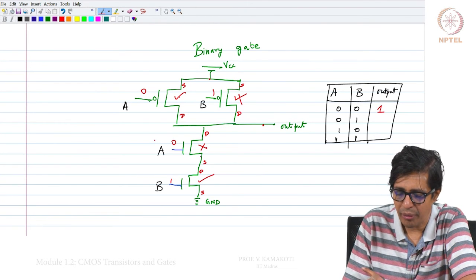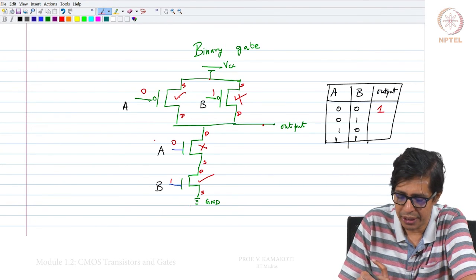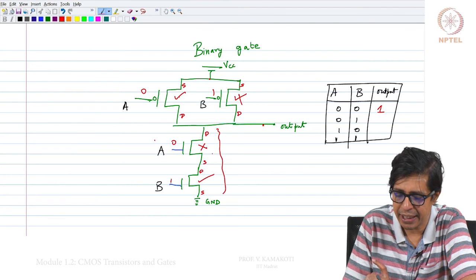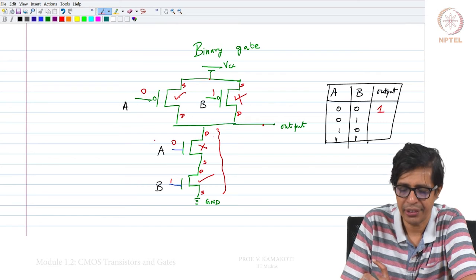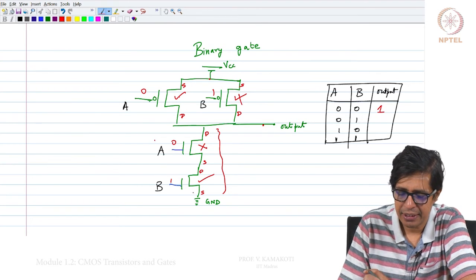Since this N transistor is off, source is not connected to drain, this whole circuit here is disconnected.